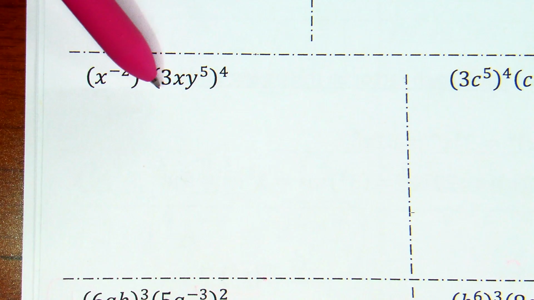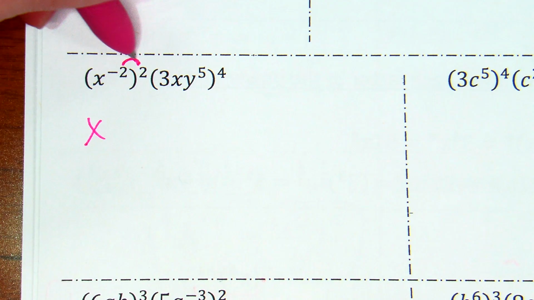X to the negative 2 raised to the 2nd. A power raised to a power, we're going to multiply. This becomes x to the what? Negative 2 times 2 is negative 4. Now, next parenthesis. 3xy to the 5th raised to the 4th. What's that 4 go on?